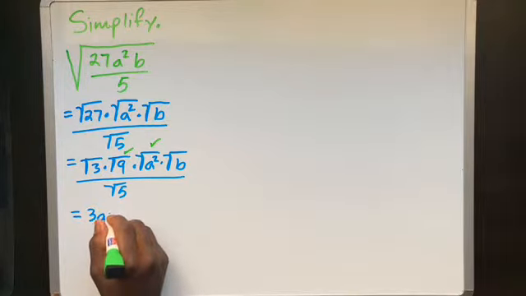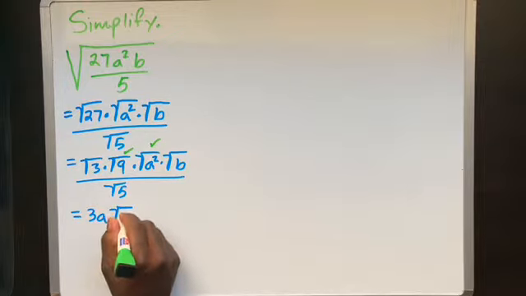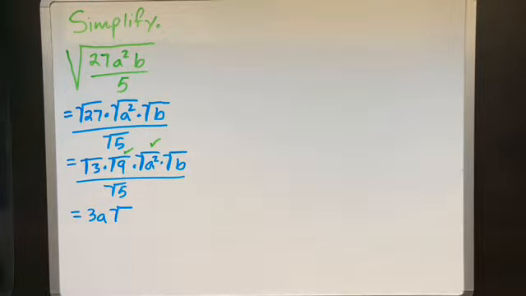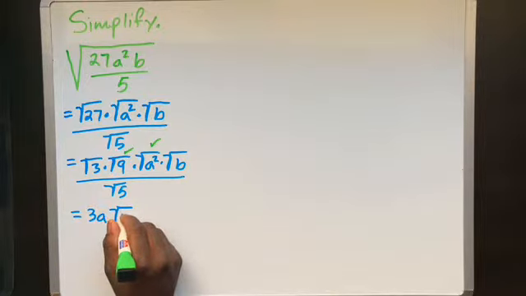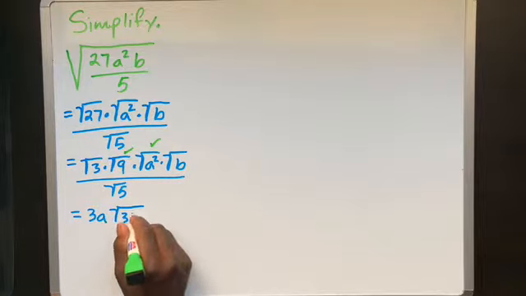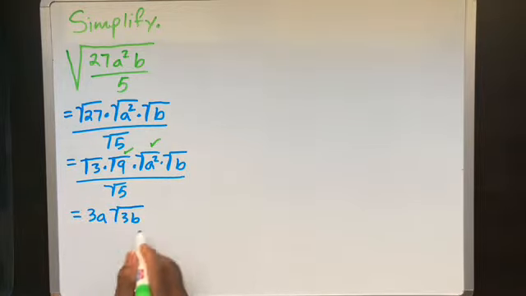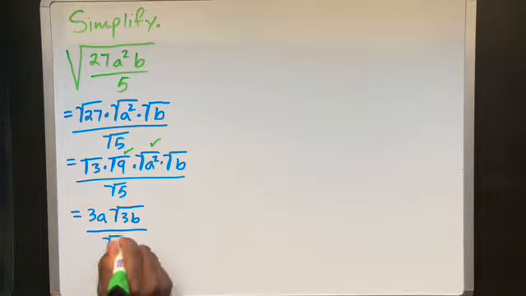And then I'll bring times square root of 3, and I'm going to bring the b under the same radical. We got a square root of 3 and a square root of b. We can rewrite that as the square root of 3 times b, and that leaves me with over square root of 5.